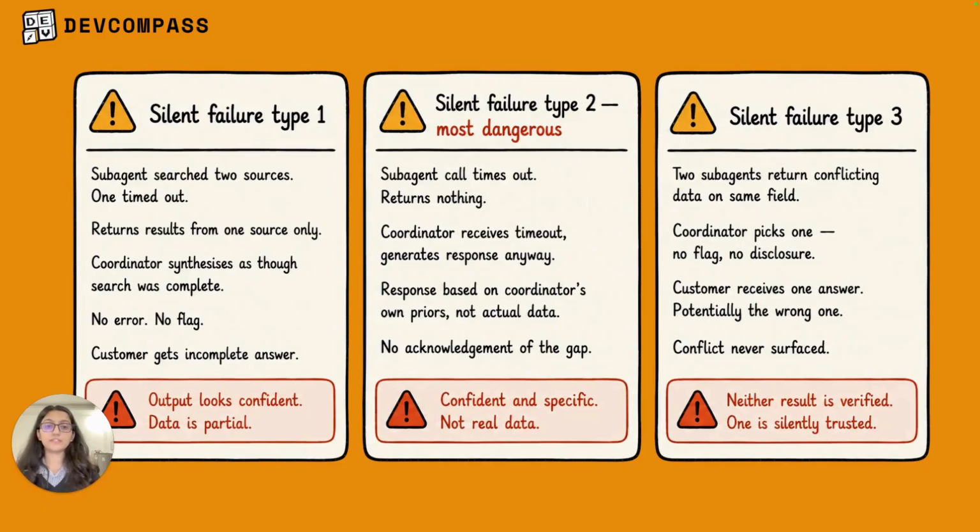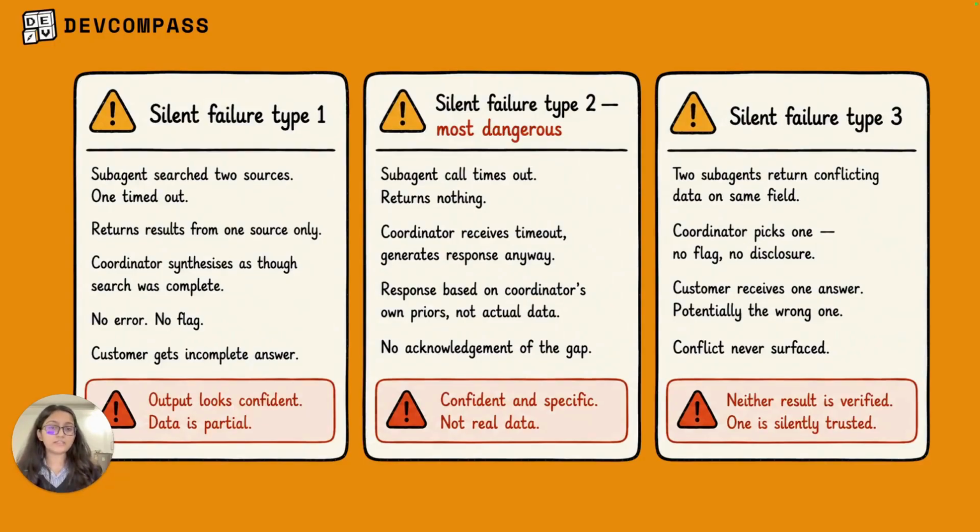The third failure is conflict silently resolved. 2 sub-agents ran in parallel. Sub-agent 1 returned account status active. Sub-agent 2 returned account status suspended. The coordinator received both results, found a conflict, and picked one. Probably the more recent call, or the first one alphabetically, or whichever one came back first. It didn't flag the conflict.